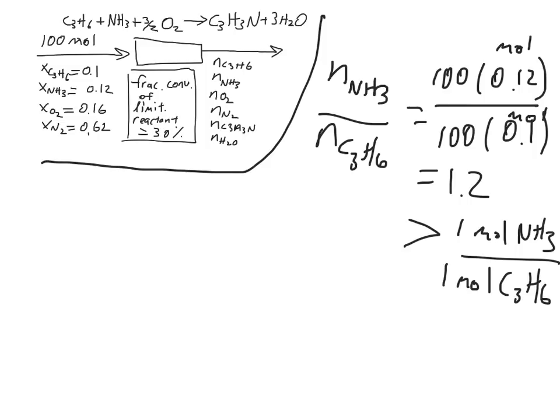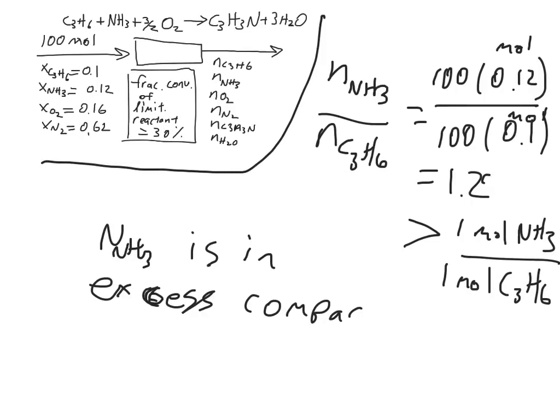Since the actual ratio, 1.2, is greater than the stoichiometric ratio, that tells us that the number of moles of NH3 is in excess compared to the number of moles of C3H6. So there's more NH3 than C3H6 compared to the stoichiometric amount.